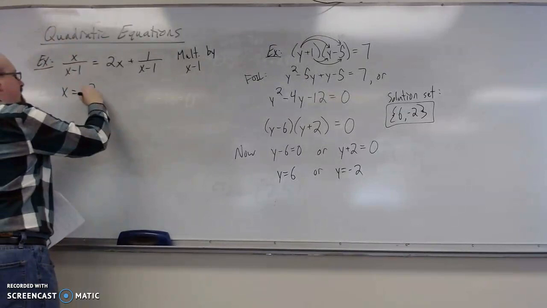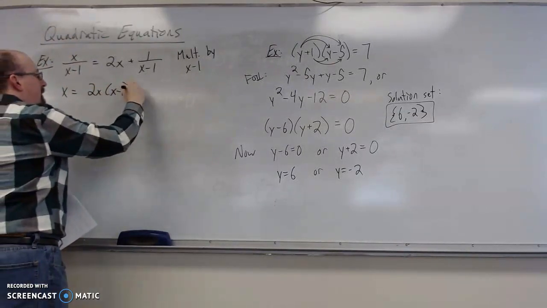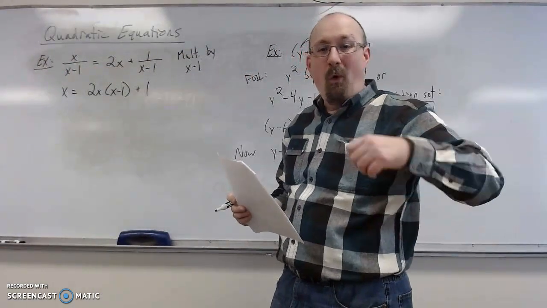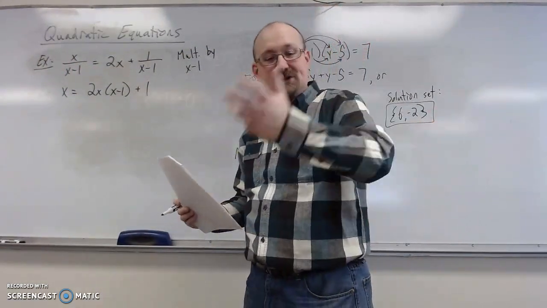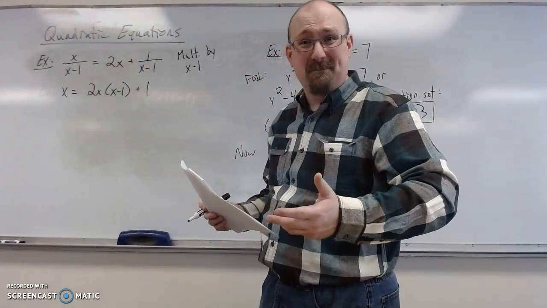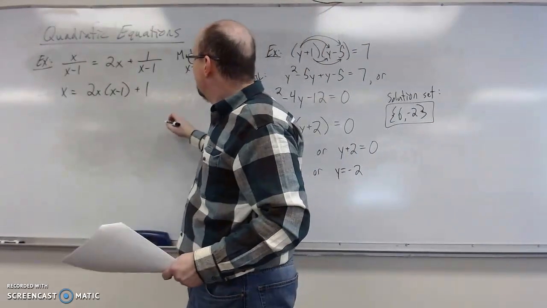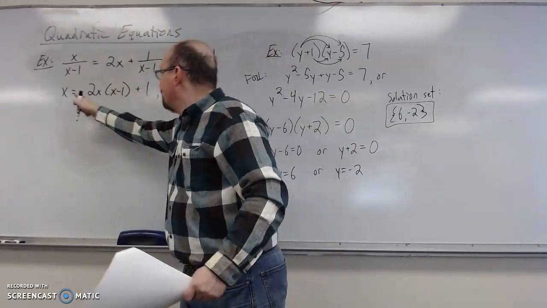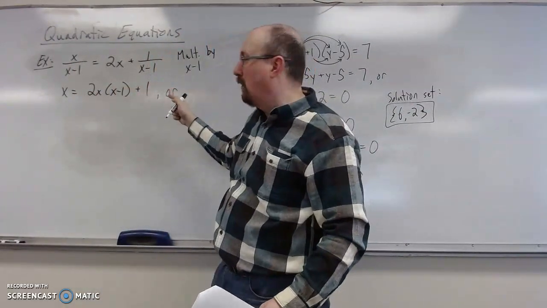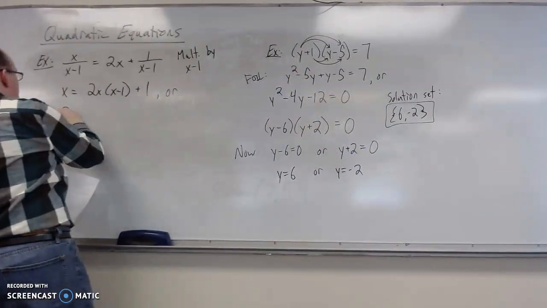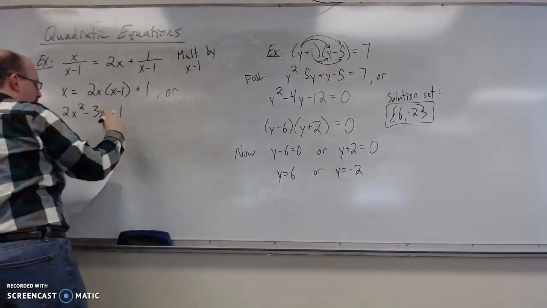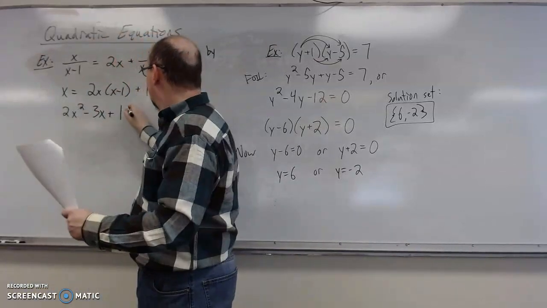So we have x equals 2x times x minus 1 plus 1. And now I want to rearrange this into that ax squared plus bx plus c format. So distribute the 2x, subtract this x over, and we'll end up getting 2x squared minus 3x plus 1 equals 0.